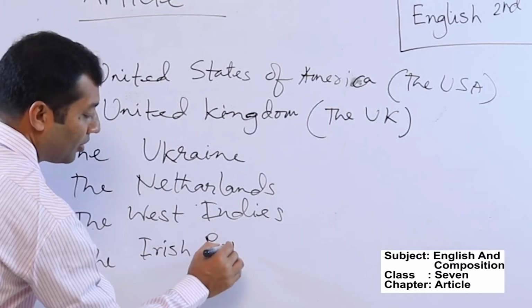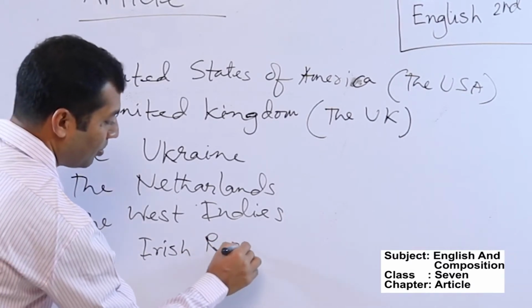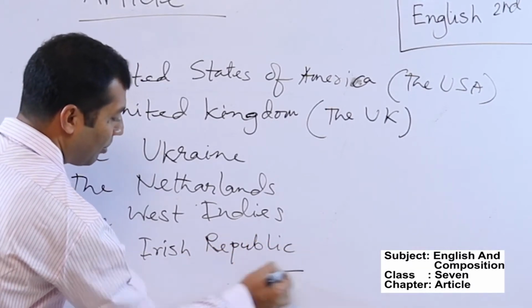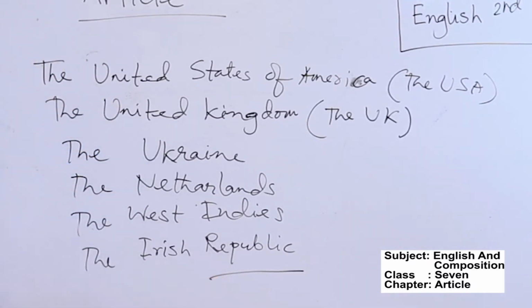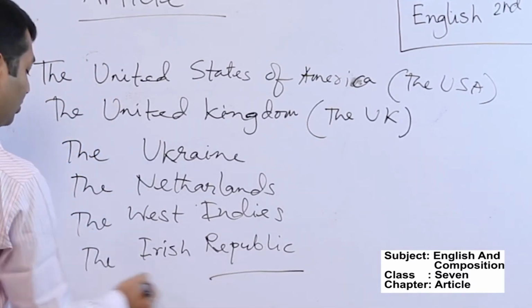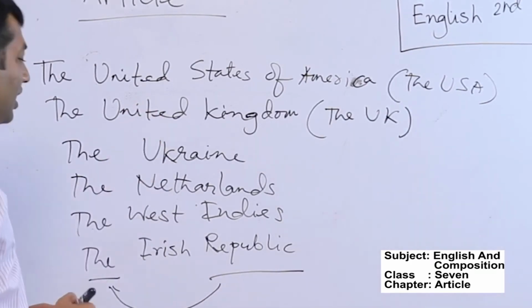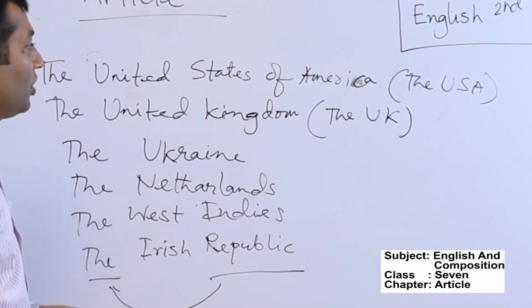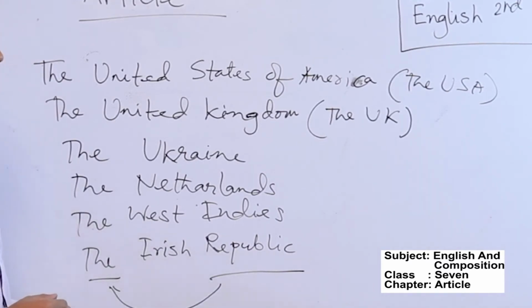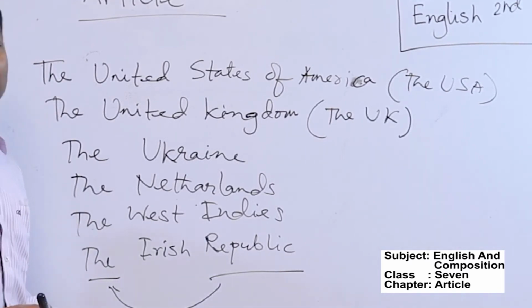Here, if you see the word republic with any country, you must use the article "the" before it. There are some other countries like the Maldives. Similarly, you have to use the article "the" before them.